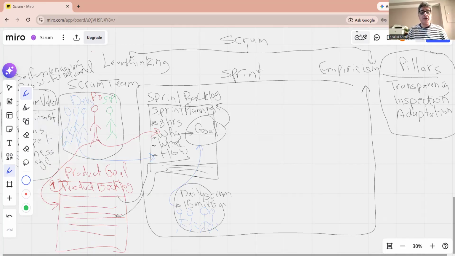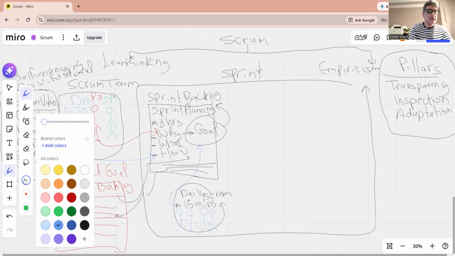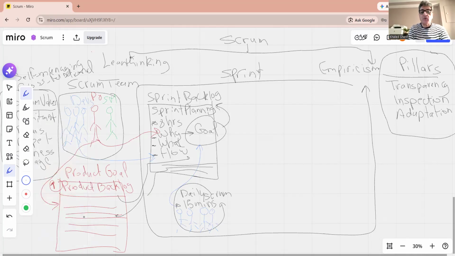Then the team continues working on the product backlog items, building the increment until we reach the end of the sprint. We reach the fourth event, which is the sprint review. Sprint review is also time-boxed to a maximum of 4 hours for a 1 month sprint.